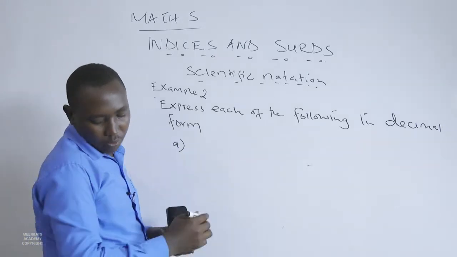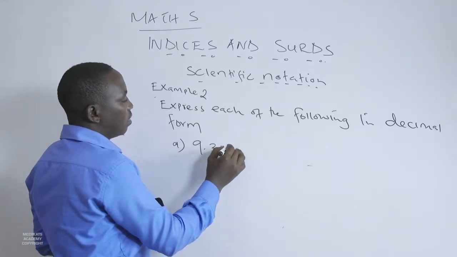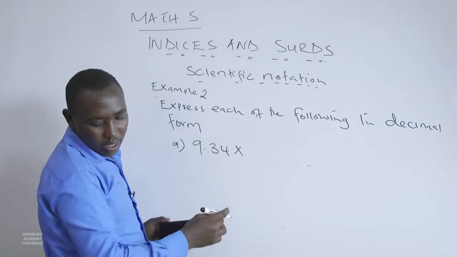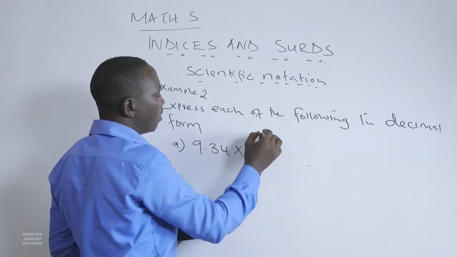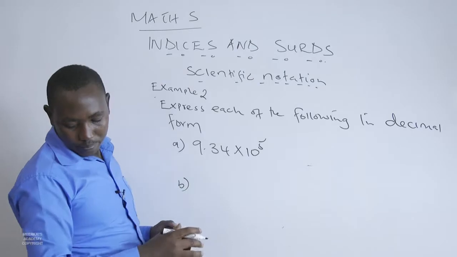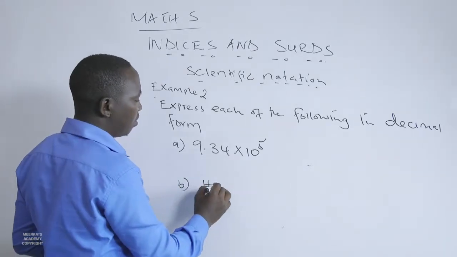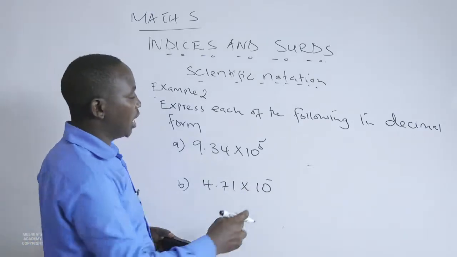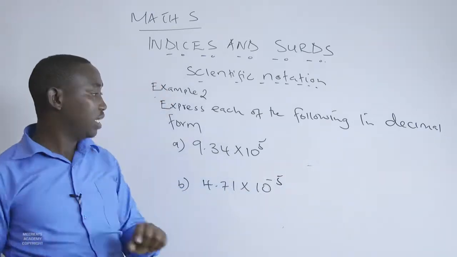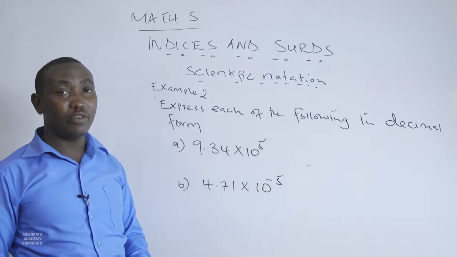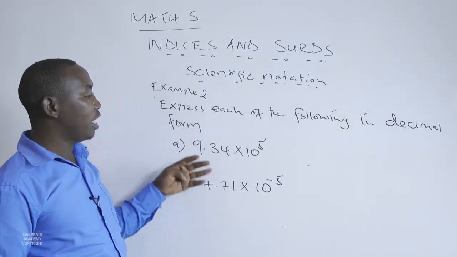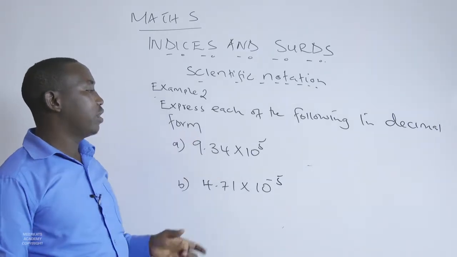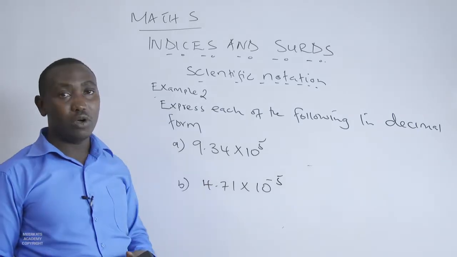Number 1, you have 9.34 times 10 raised to 5. Part B, we have 4.71 times 10 raised to negative 5. These two numbers have been written scientifically, so we need to rewrite them back to their original forms or normal modes.